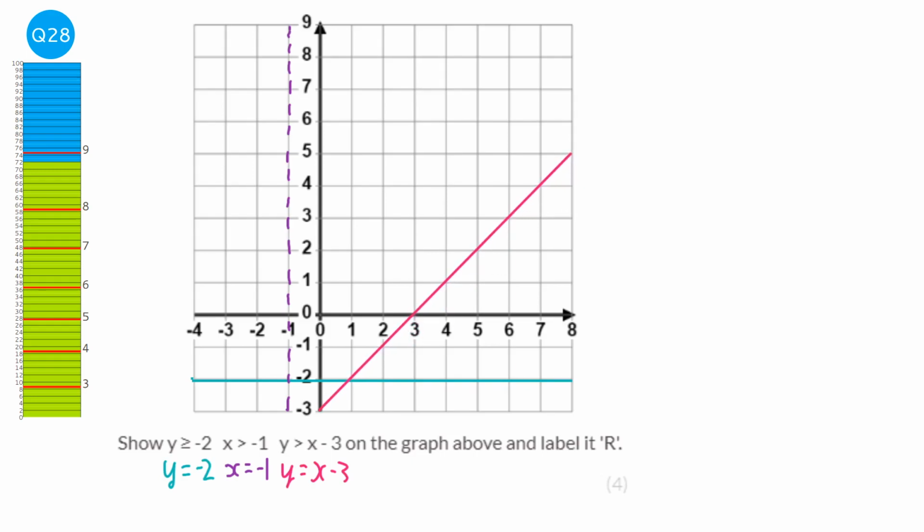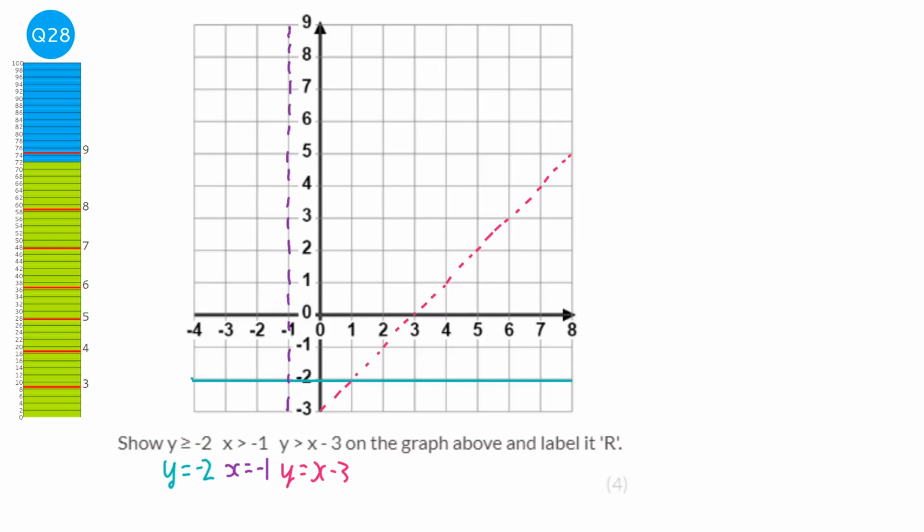But it's going to be dashed because we don't have an equal to. So if they have an equal to underneath, then it will be a solid line. If they don't have an equal to underneath, it will be a dashed line.